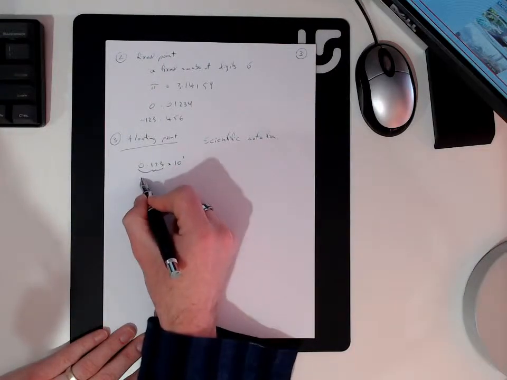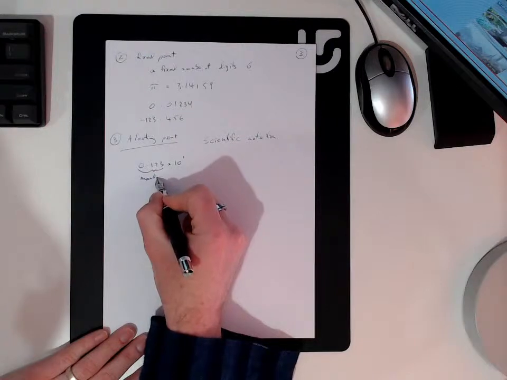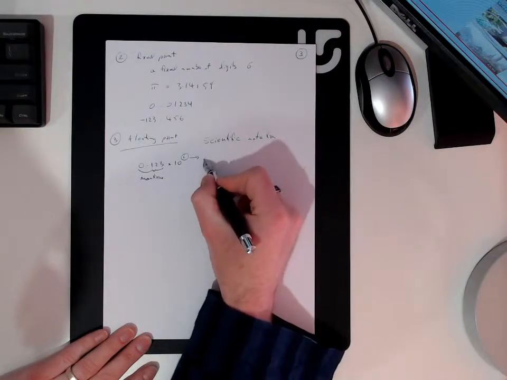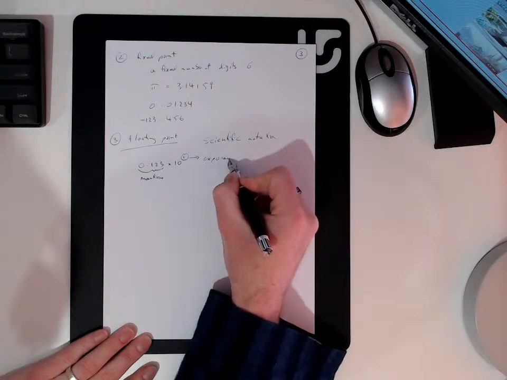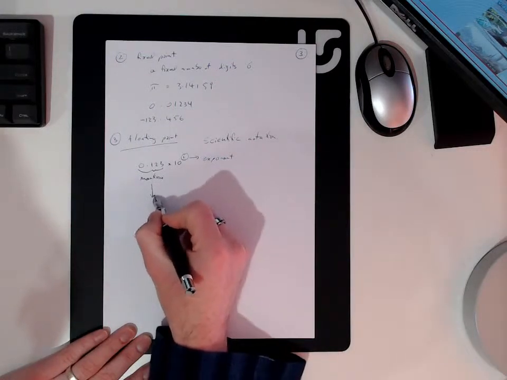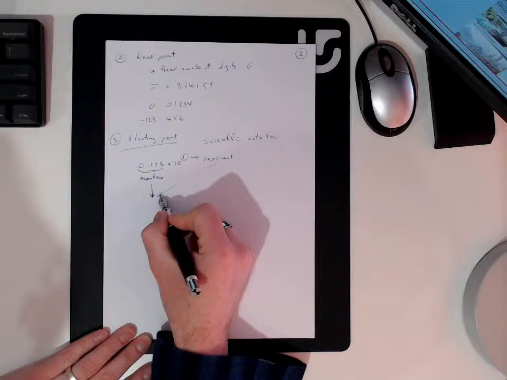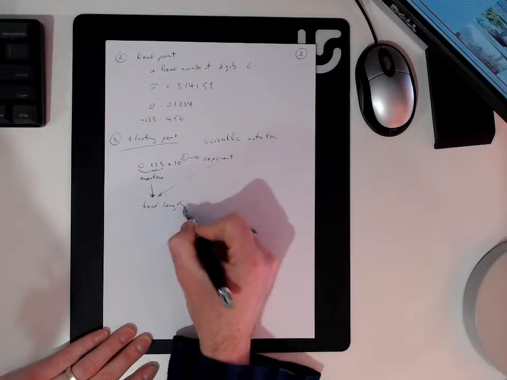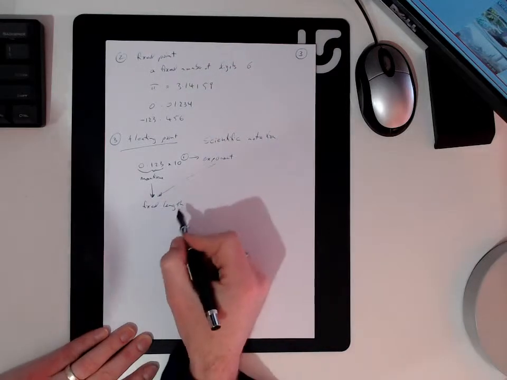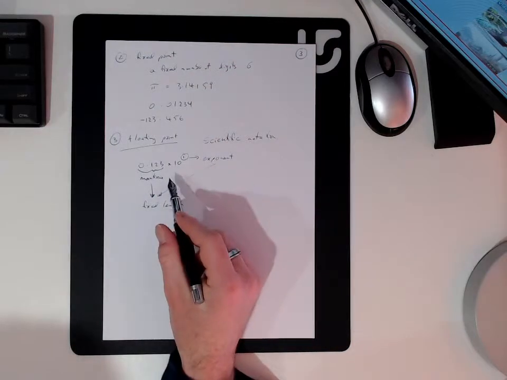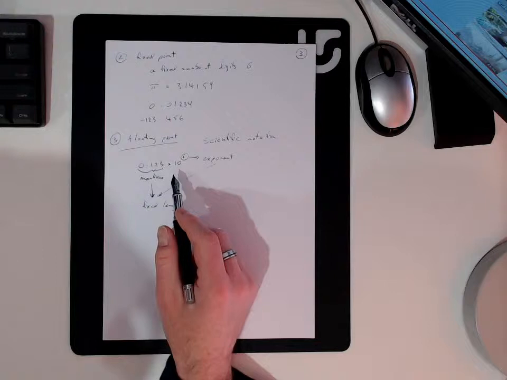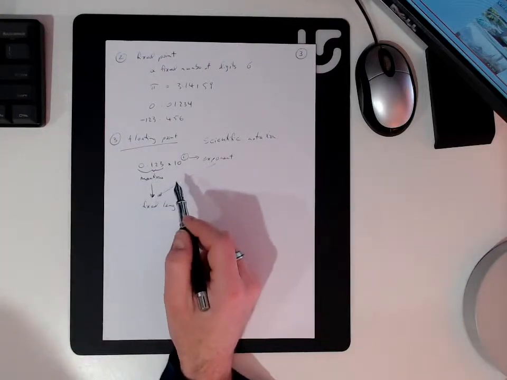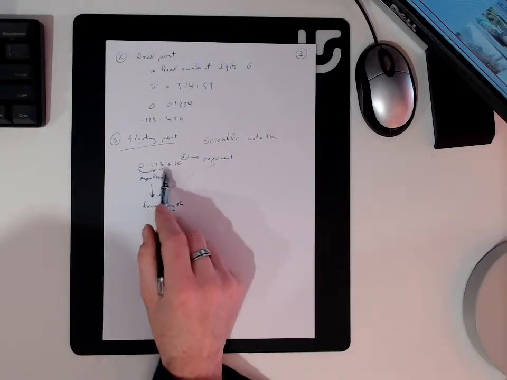This bit here is called the mantissa, and this bit here is the exponent. And in your computer, both the mantissa and the exponent have fixed length. Right, just like here. Now this has some advantages because it means that accuracy can be controlled a bit better, and of course in a computer there are many more digits.